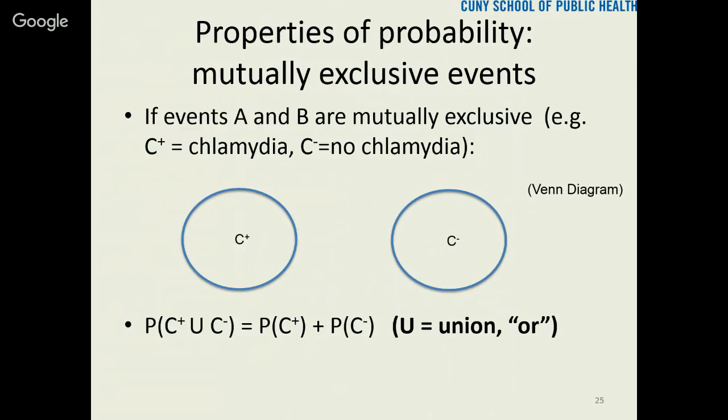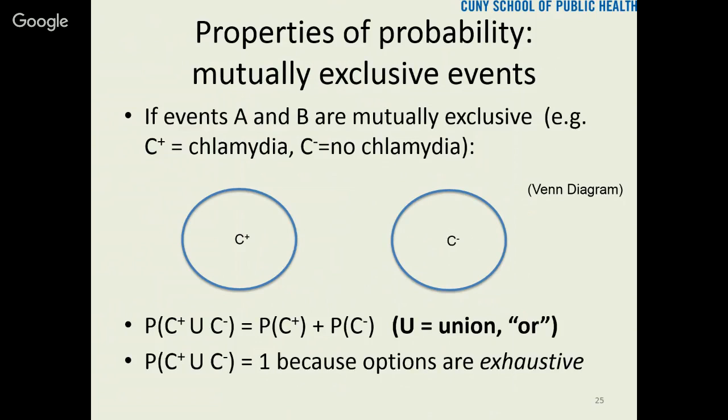You wouldn't just add them because there's also a probability that you have both. In this case, because the options are exhaustive, that union has to add up to 1. So there are only 2 outcomes, and it adds up to 1. If this were 1s and 2s on a dice, then they would still be mutually exclusive but not exhaustive.